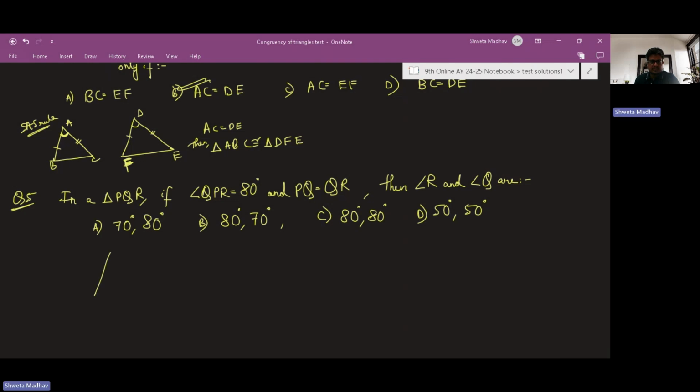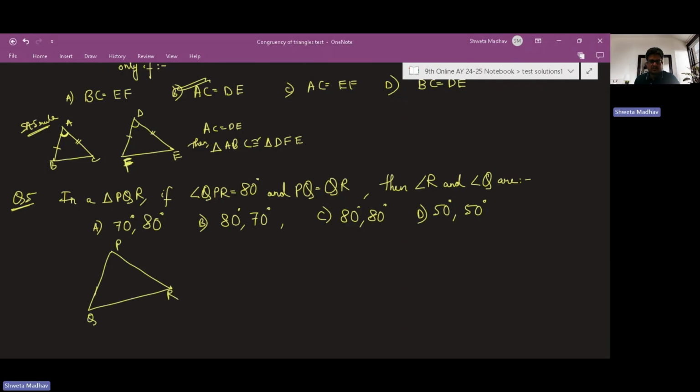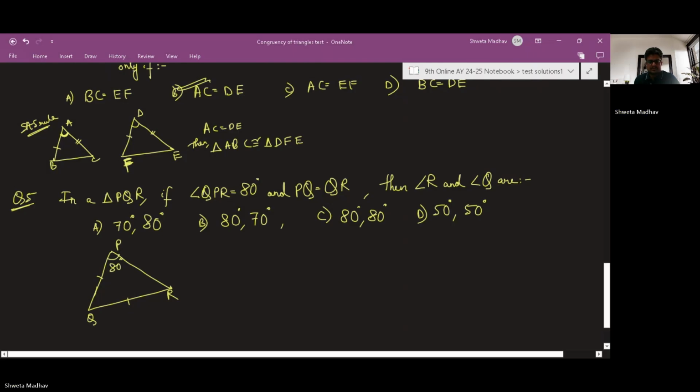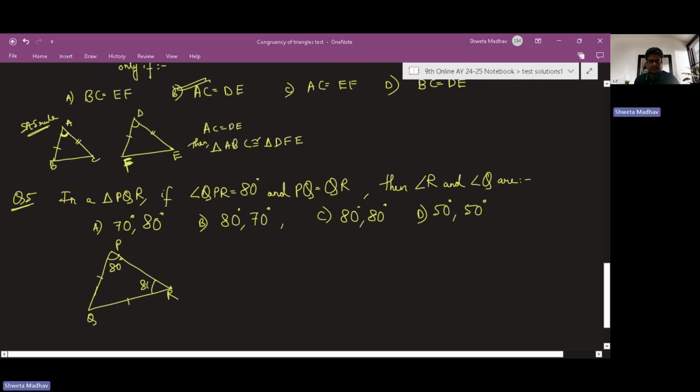So triangle PQR is given. Here it is told that PQ is equal to QR, and angle QPR is 80 degrees. Then obviously QRP also should be 80 degrees.